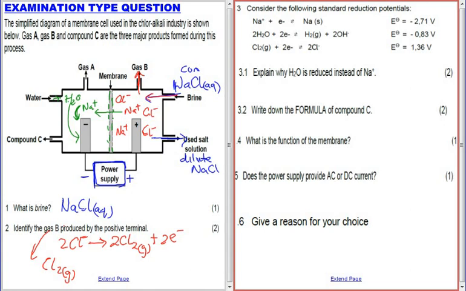The question says, consider the following standard reduction potentials, and here they are. We talked about those ones just a few minutes ago. Explain why water is reduced instead of sodium. Well, like I said, maybe we should just write it down this time. Water is a stronger oxidizing agent.